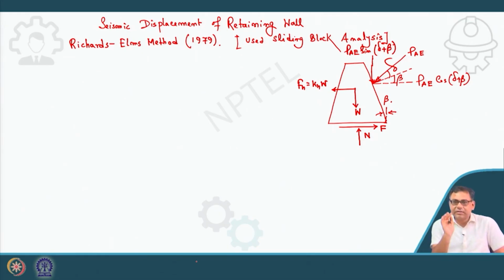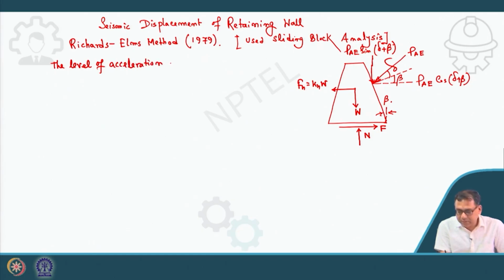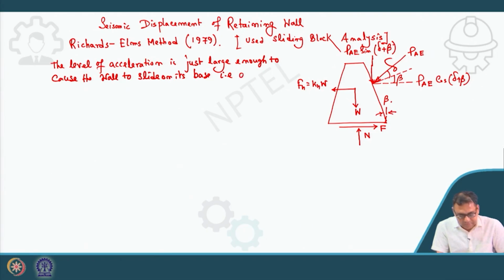That means the acceleration is equal to the yield acceleration. So, our AH is equal to AY.